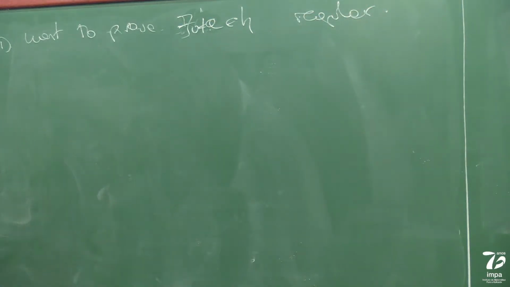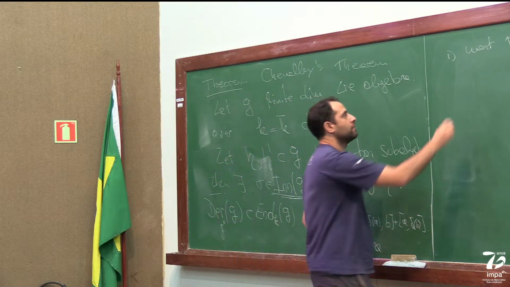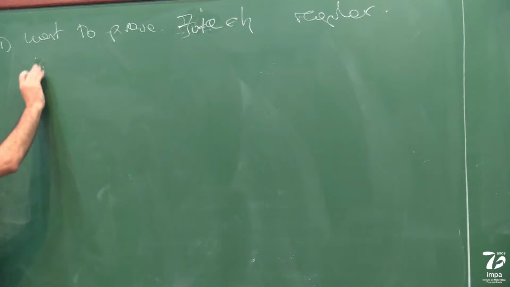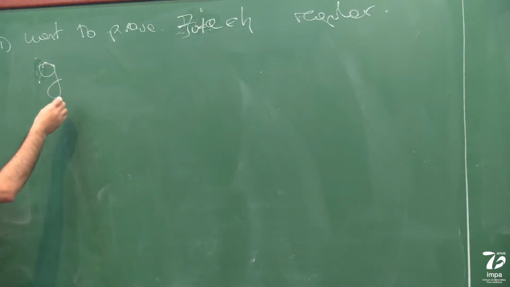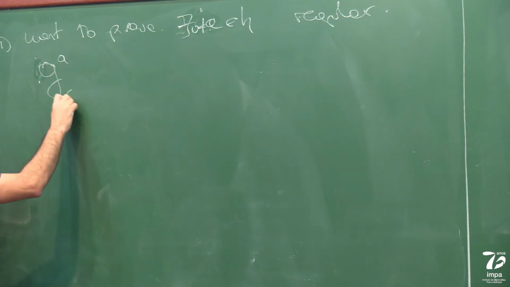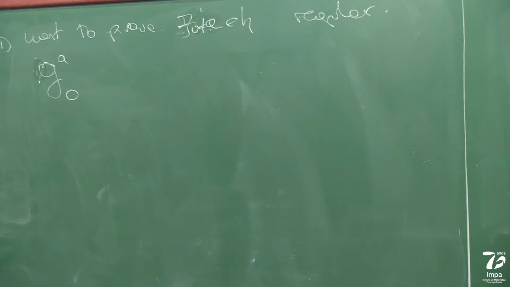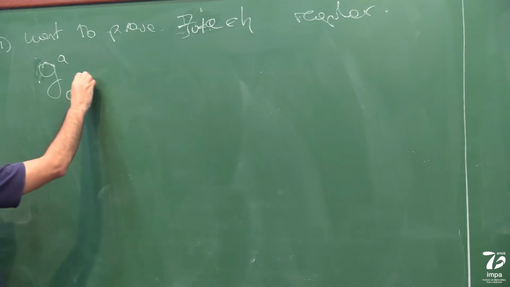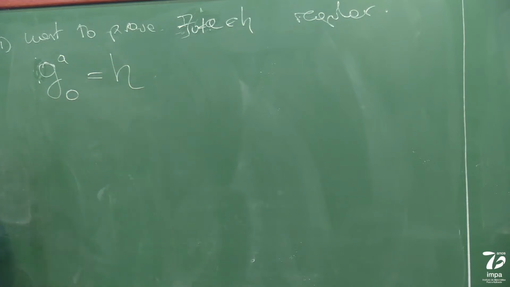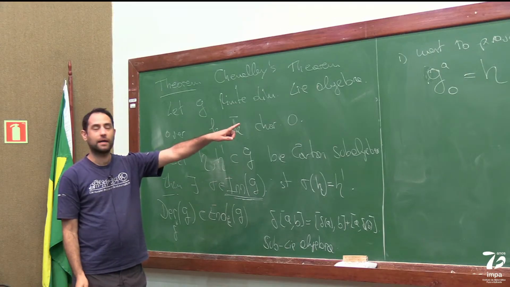Because we know that once we have a regular element in a Lie algebra, if we take the generalized centralizer of that element, so the spaces that have generalized eigenvalue 0 for A, then this is a Cartan subalgebra. Therefore, it has to be H. So this theorem implies that statement.